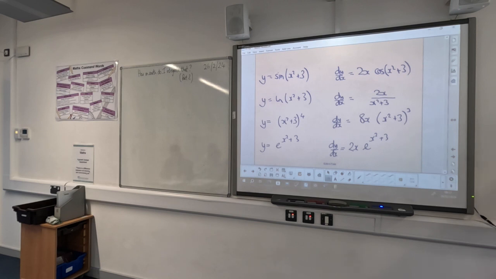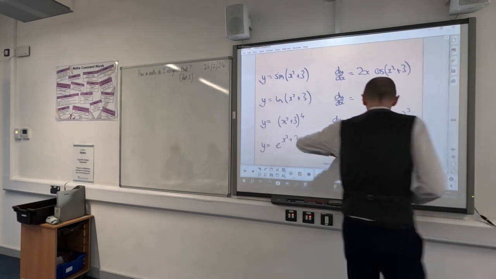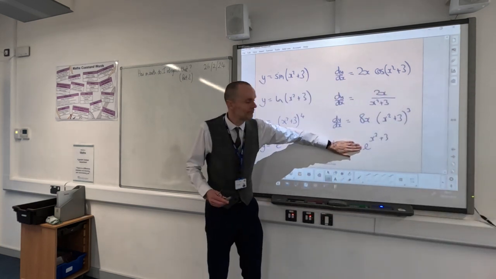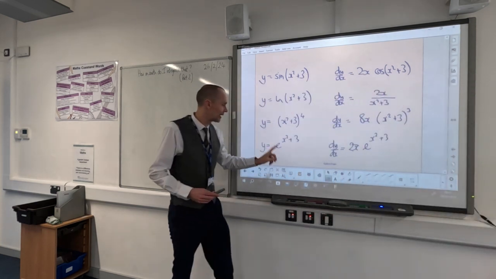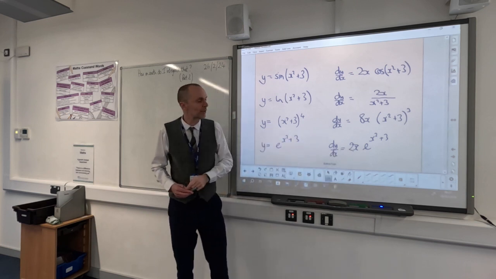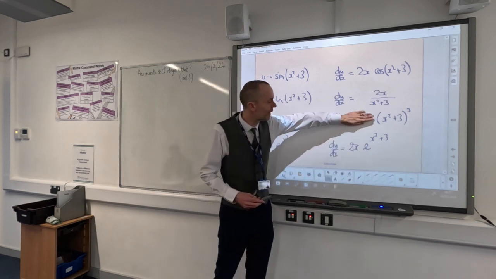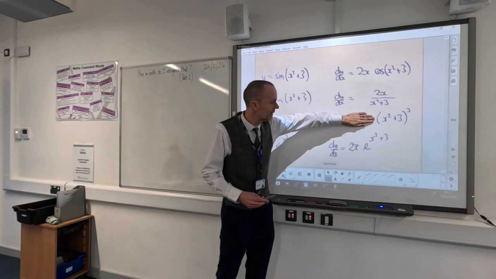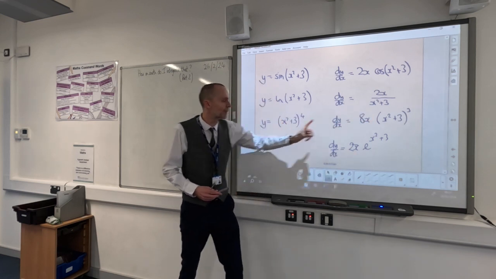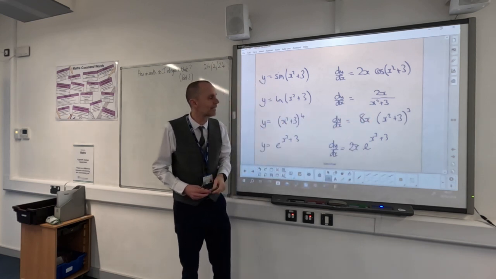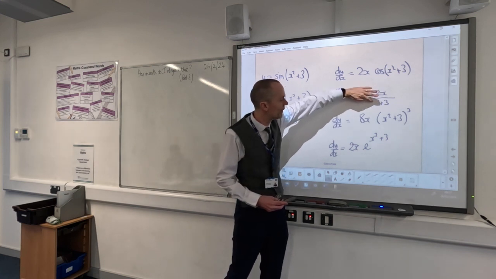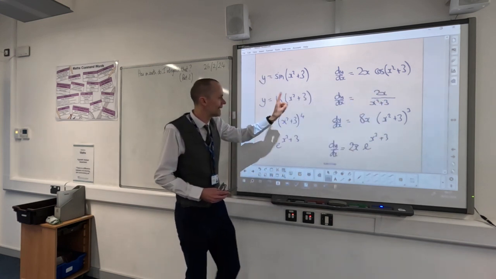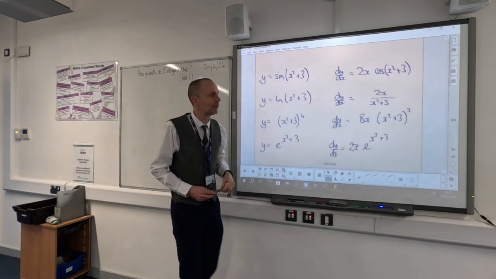So we've already discussed how you can't integrate that because it doesn't become this because of the absence of the 2x. And you can't integrate that because it doesn't become this because of the absence of the 8x. And you can't integrate 1 over x squared plus 3. It doesn't become that because of the absence of the 2x.